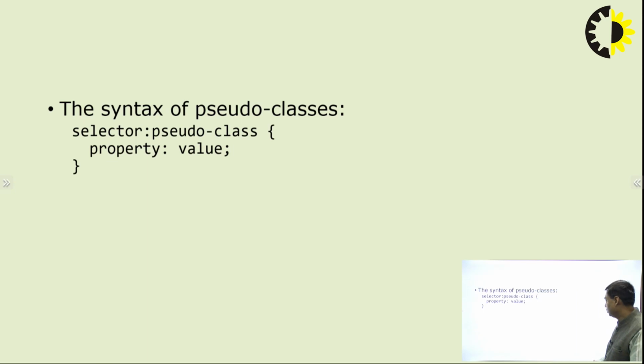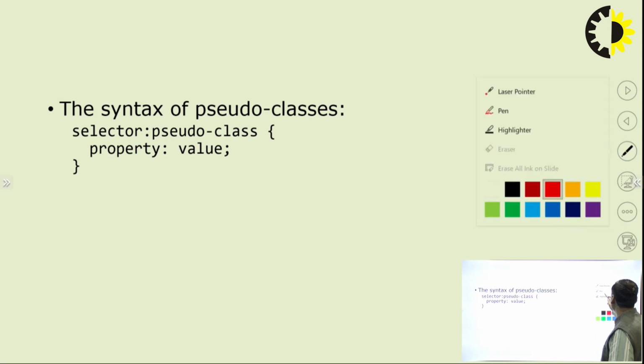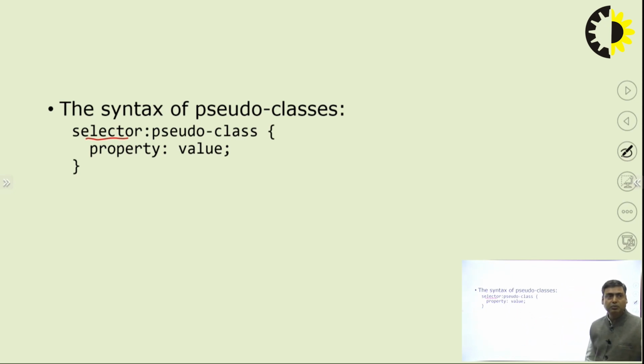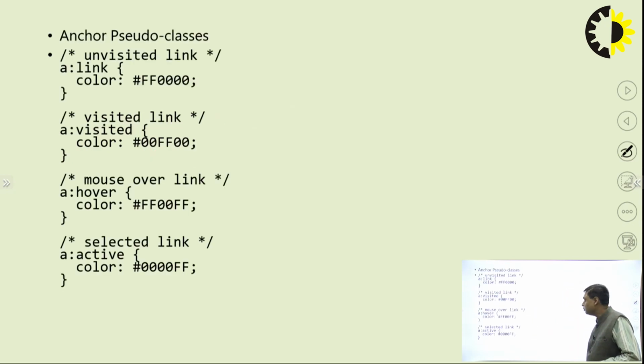Now the syntax of a pseudo class is: we use the selector, that is any HTML element, then we provide a pseudo class, then we have a property and value. Some examples of pseudo class are for the anchor tag.